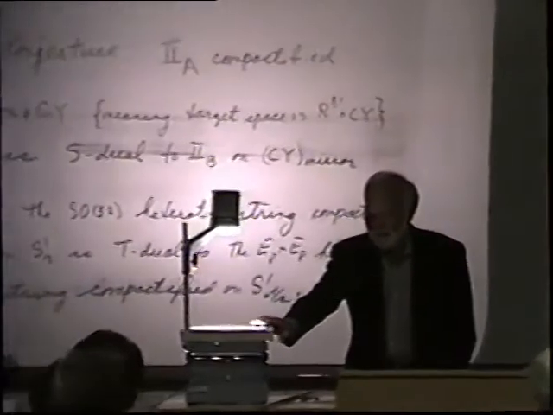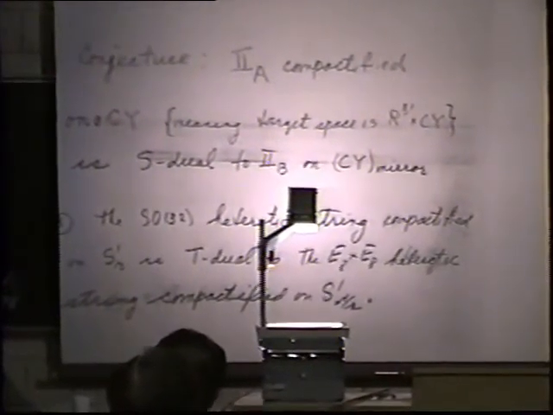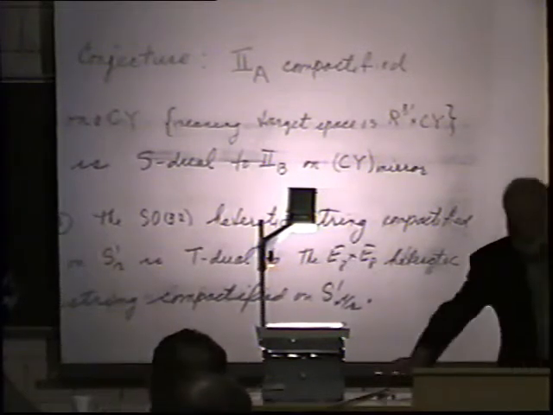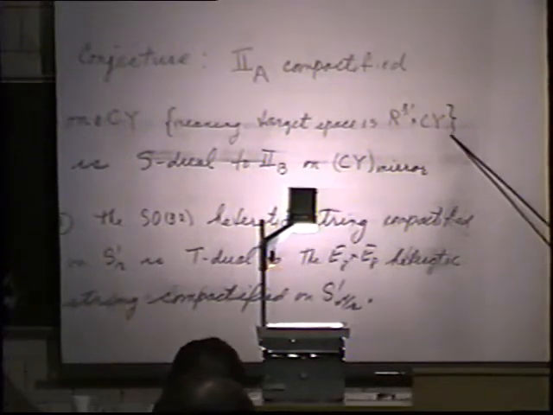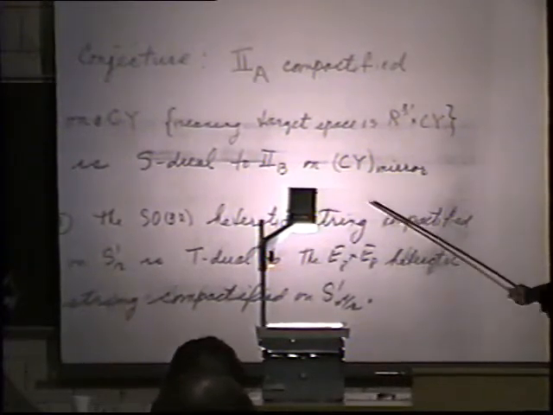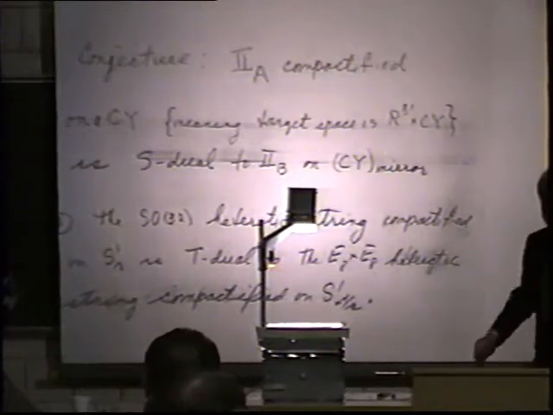Now we get to something really sophisticated. It's conjectured that type 2A compactified on the Calabi-Yau, that means the target, since the Calabi-Yau is real 6-dimensional, what's left is R^3,1, so that this is S-dual to a type 2B on the Calabi-Yau mirror.